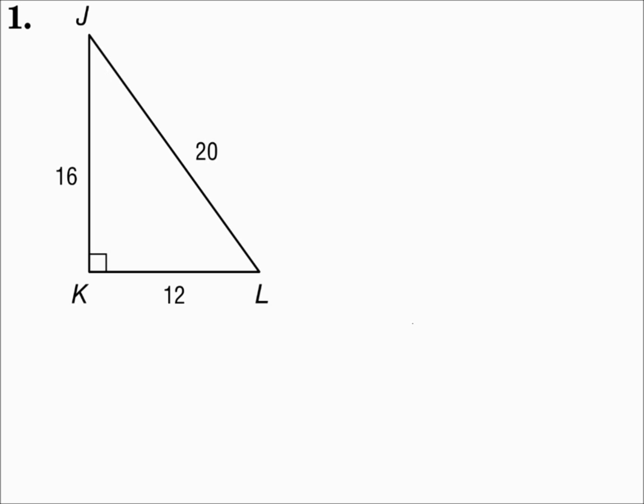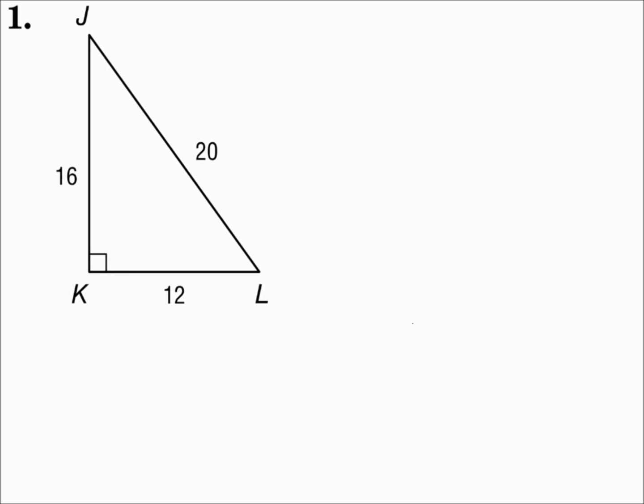Find sine J, cosine J, and tangent J, sine L, cosine L, and tangent L. Give your answers as fractions and as decimals. Here we're looking for the trigonometric ratio, so our answer will be a fraction and a decimal.